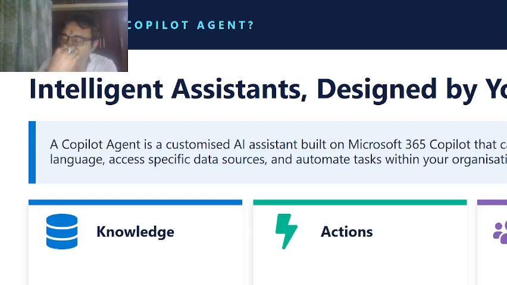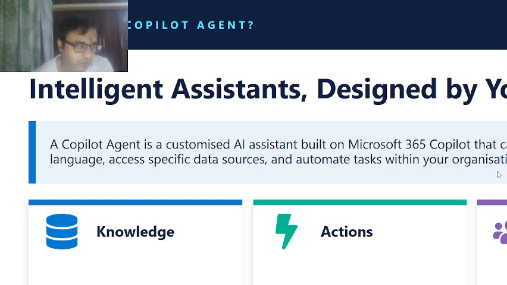So first of all, we need to know what a Copilot agent is. We all know it's an intelligent assistant, and a Copilot agent is a customized AI assistant built on Microsoft 365 Copilot that can understand natural language, access specific data sources, and automate tasks within your organization.